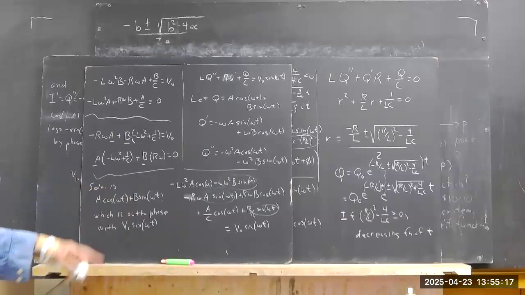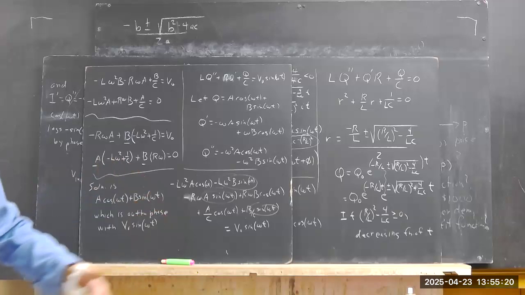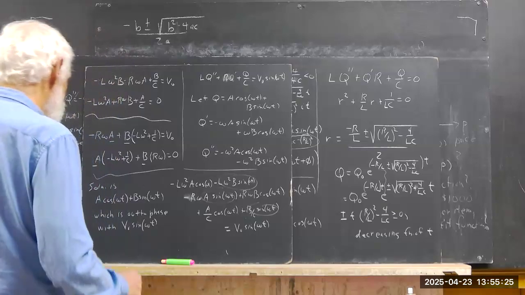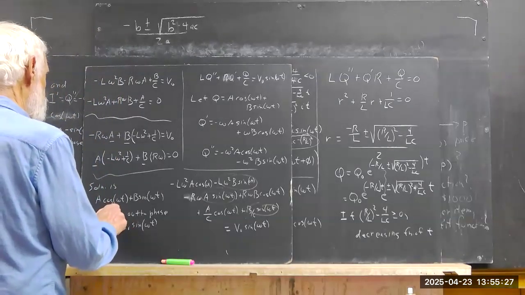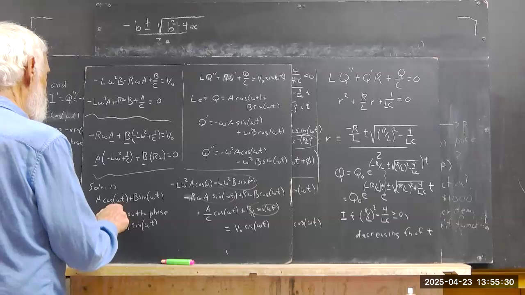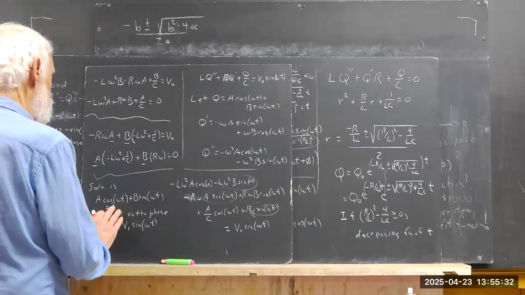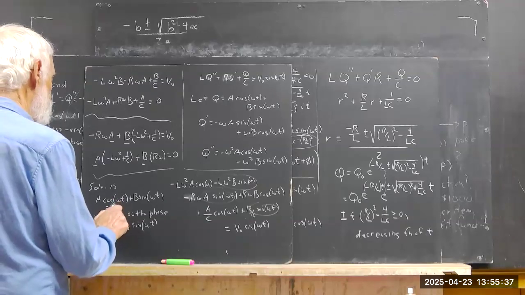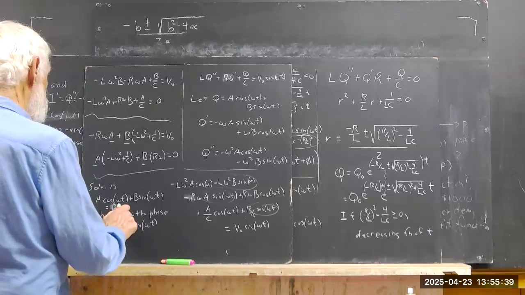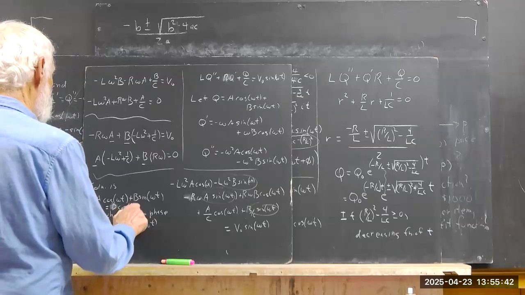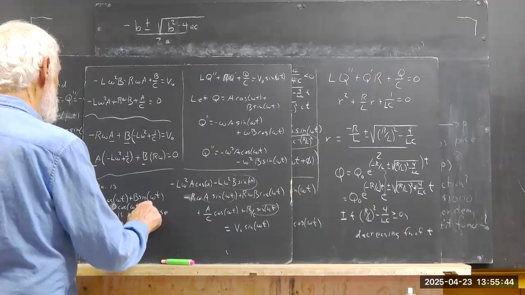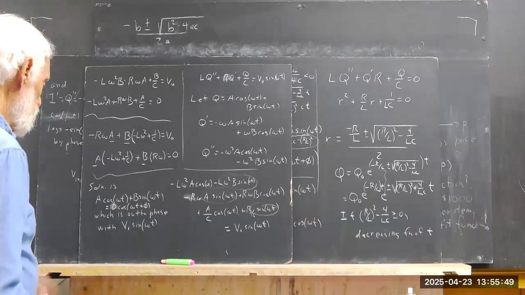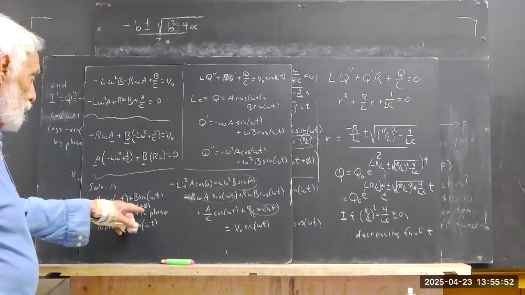Now, to see how much out of phase, you've got to use your sum of two angles formulas and get this as C cosine of omega t plus phi.